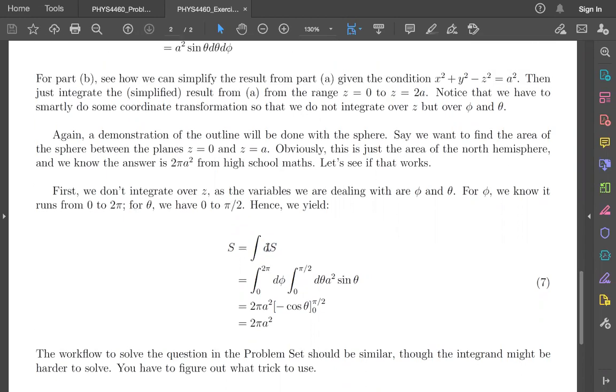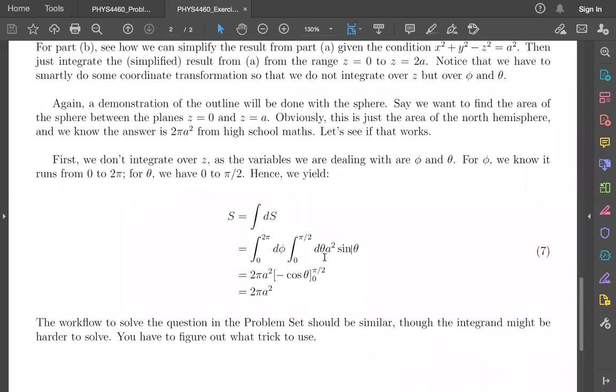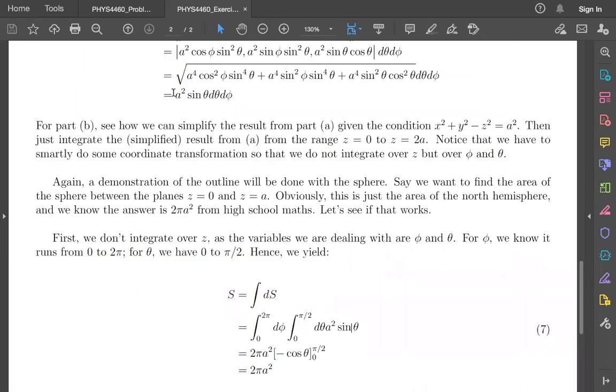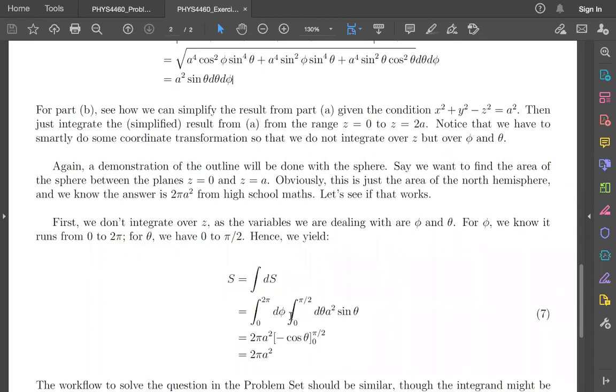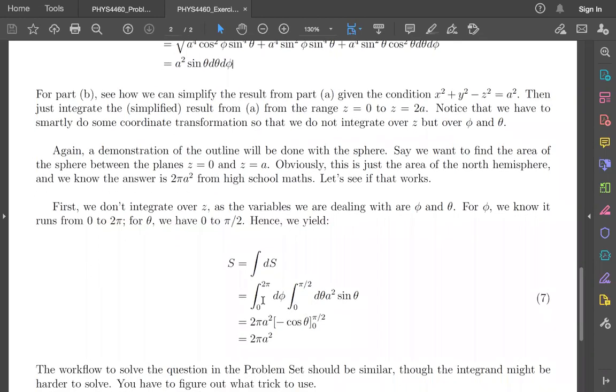Then we just plug the result into dS here, and the result would be a squared sine theta d theta d phi, right? The range that we integrate over d phi and d theta would be 0 to 2 pi and 0 to pi over 2 respectively.